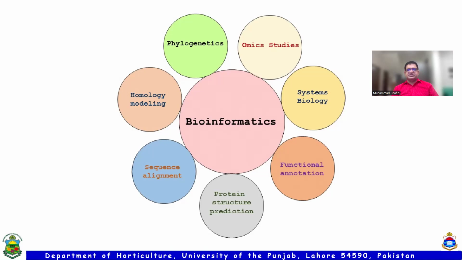From all these studies, we analyze this data, and that will help us to understand the information from that data, and we are able to have some surprising conclusions from that data.